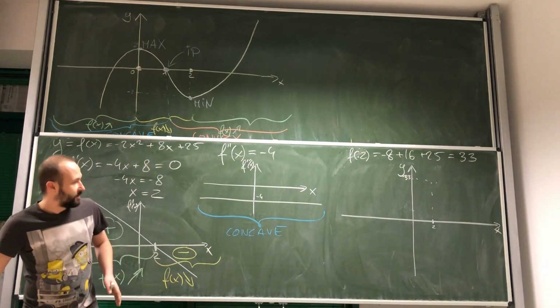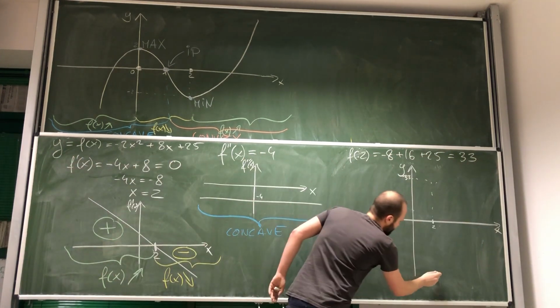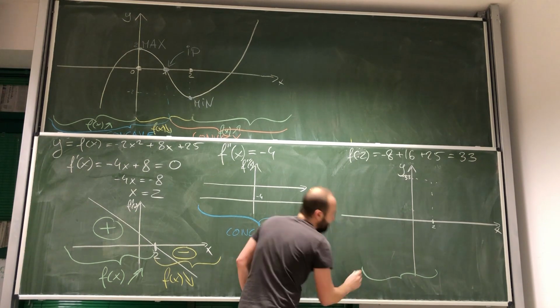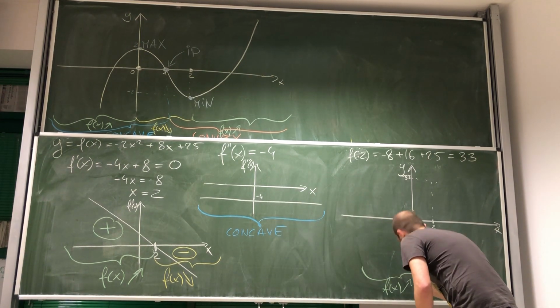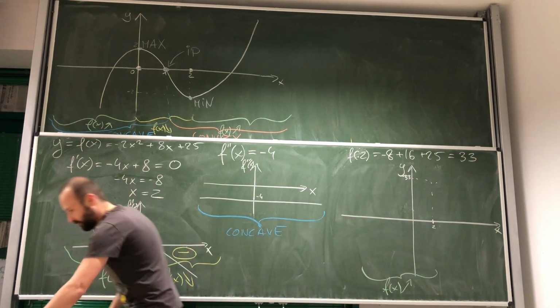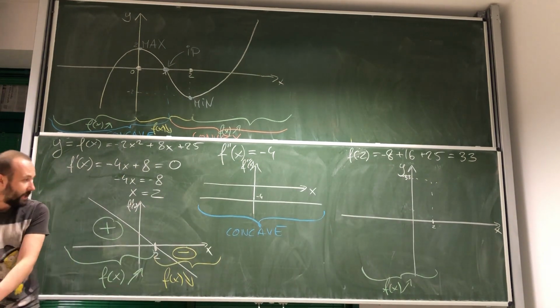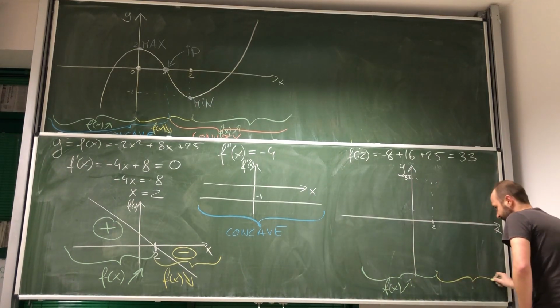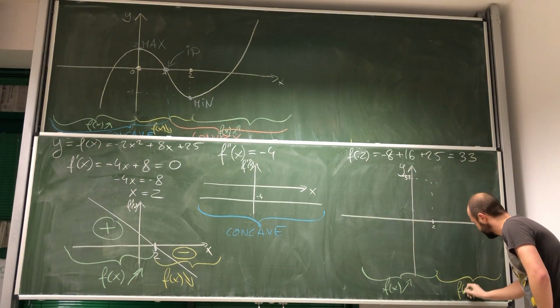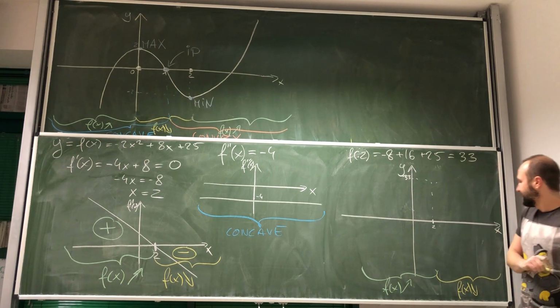We know that over here, so from -infinity to 2, the function is increasing. Then, from 2 to positive infinity, the function is decreasing.